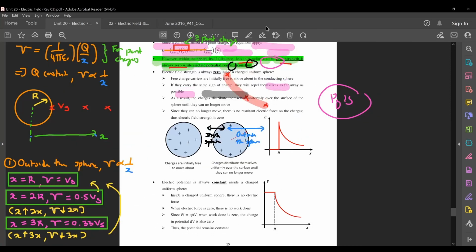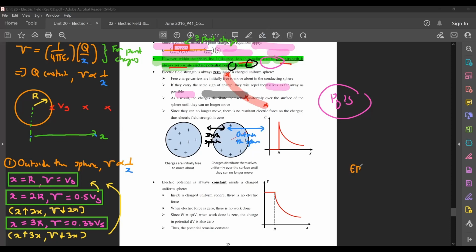Okay, just now I mentioned this, that change in your electric potential energy is actually equals to Q times delta V, right? Q times your potential difference. This one sometimes is also known as potential difference.